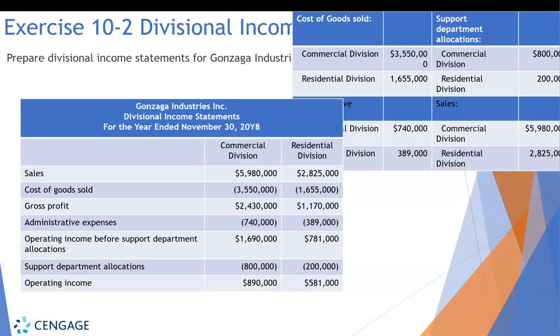So as you see here, for the commercial division and then for the residential division, we'll break down the sales for each, the cost of goods sold, the gross profit, admin expenses for each division. Then we've got our operating income before the support department allocations. And we take into account the support department allocations to come up with our operating income per division.